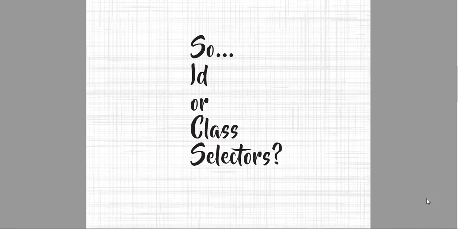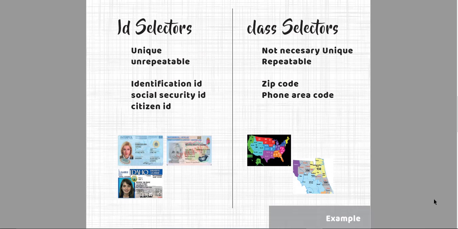Both selectors have almost the same function, but with a significant difference, and I will try to explain in a particular way what an ID and a class selector are for a better understanding. You can think that ID selectors are like a citizen ID, social security ID, or identification number, which are unique and unrepeatable numbers that only one individual has, and nobody else has the same number.